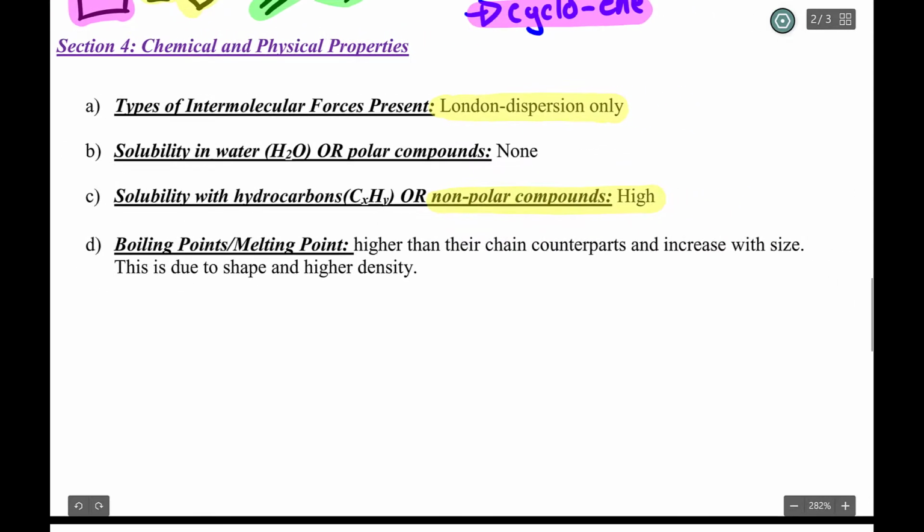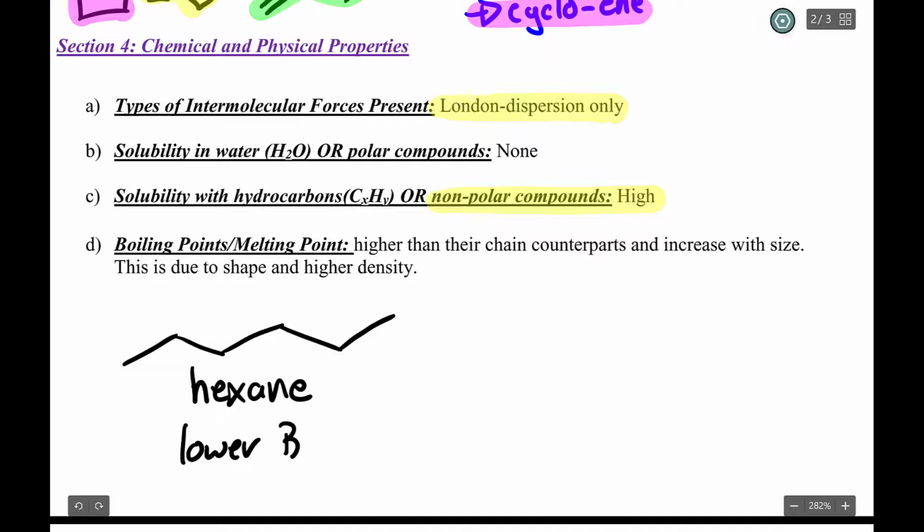The only thing that's kind of unique is they're going to have a higher boiling point than their chain counterparts. So for instance, if I had 1, 2, 3, 4, 5, 6, this is hexane. Hexane would have a lower boiling point than its ring counterpart. So this would be cyclohexane.